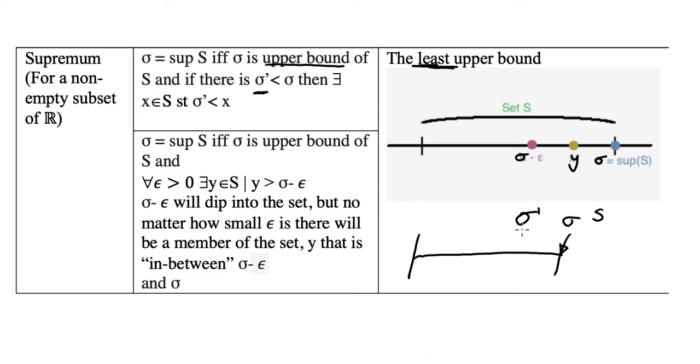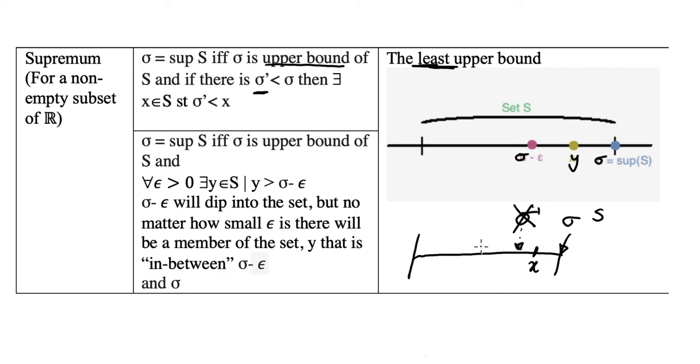This is our imposter supremum, and we're going to prove that it's not the actual supremum. The definition tells us that there will be an x in this set that is bigger than this, essentially nullifying the fact that this is the supremum. So that's the first definition of what the supremum is.